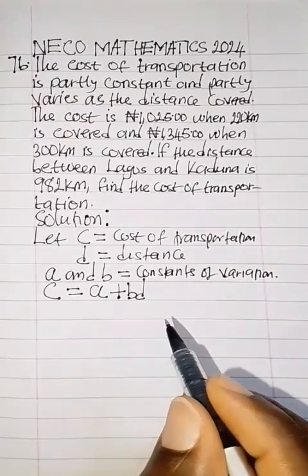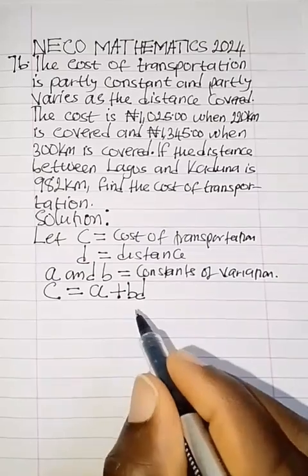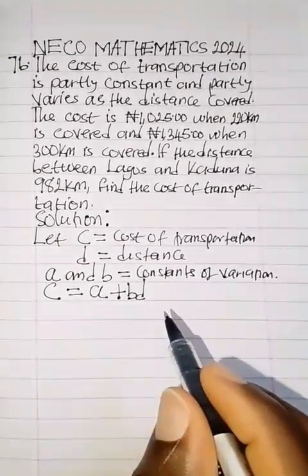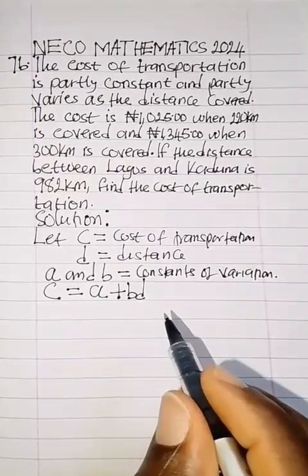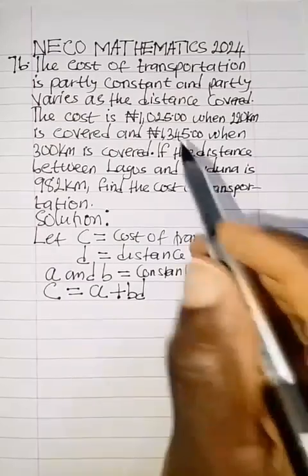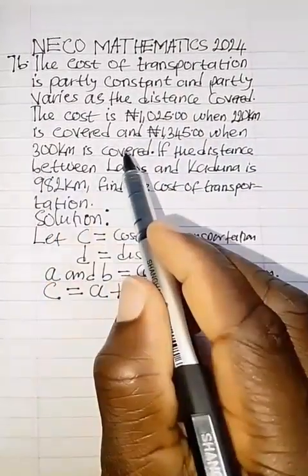We are to solve for the two constants A and B. You should note that we are going to have two equations that we are going to solve simultaneously.